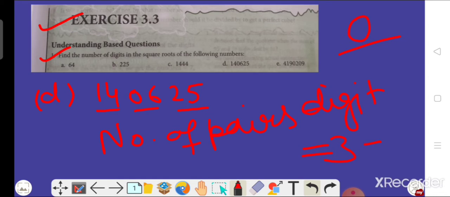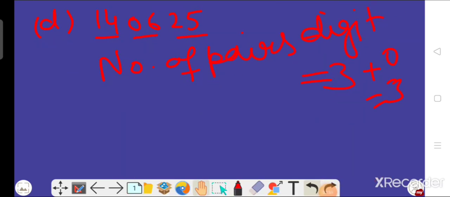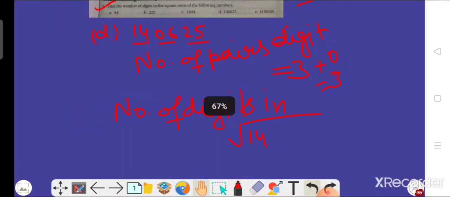So 3 plus 0 is again equal to 3. So the number of digits in the square root of the given number 140625 is 3 beta. Okay.